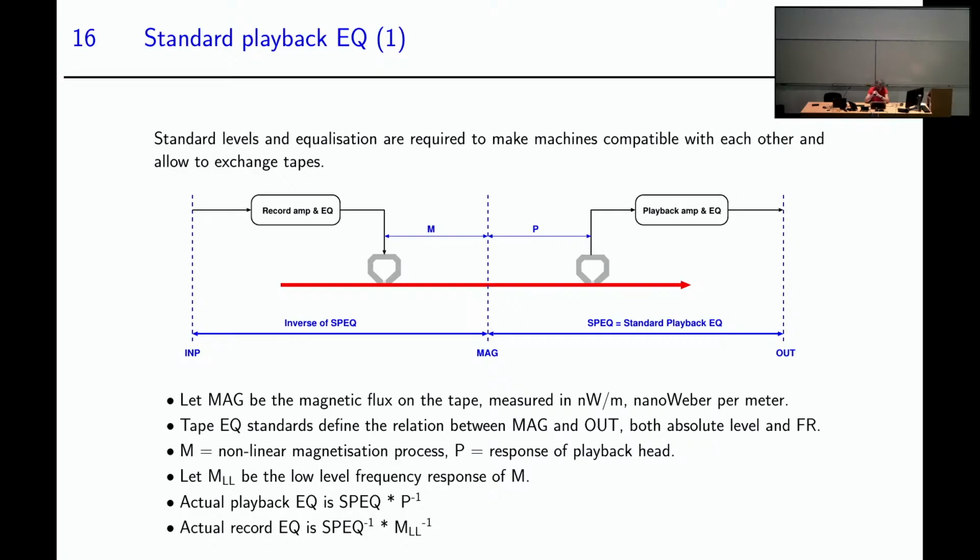But they all had this common thing that on playback, they needed to boost the high frequencies. So what was actually standardized is not the EQ, which is implemented in the machine. It was the relation between the magnetic signal and the output. Because that is what you need in order to ensure that you can play a tape on any machine and the signal will be correct.